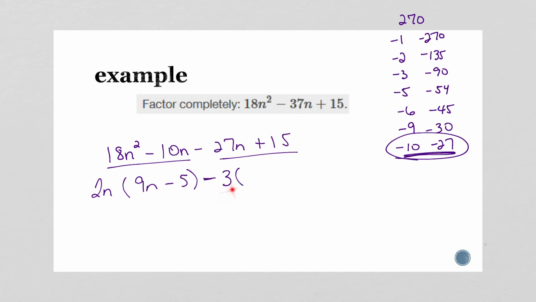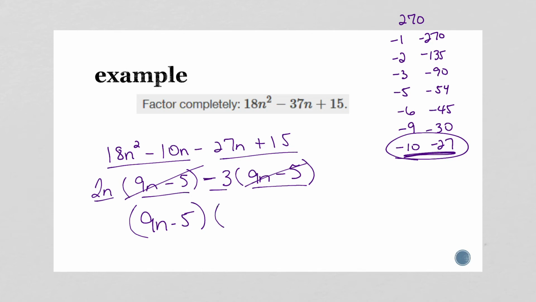And what times negative 3 would give me negative 27n? Looks like a 9n. And what times negative 3 would give me a positive 15? Minus 5. Okay, so those two match perfectly. And I just factored that out, so I'm left with 2n minus 3. And that's it. We just factored it.